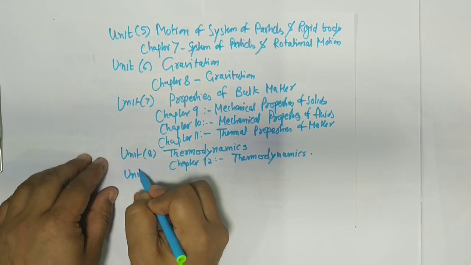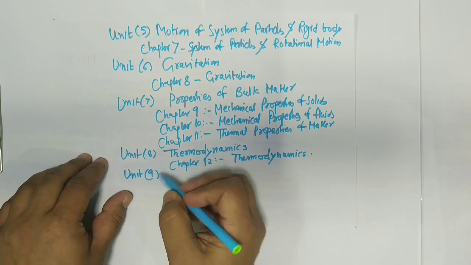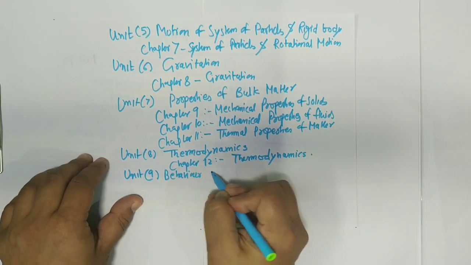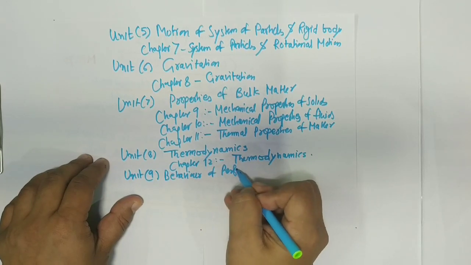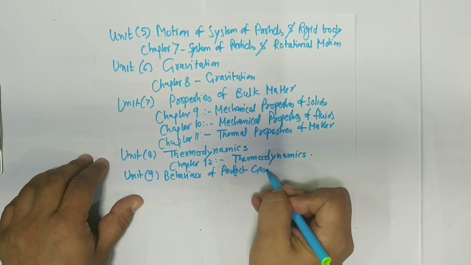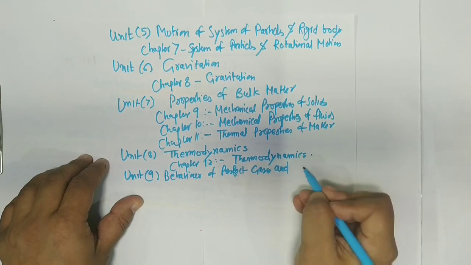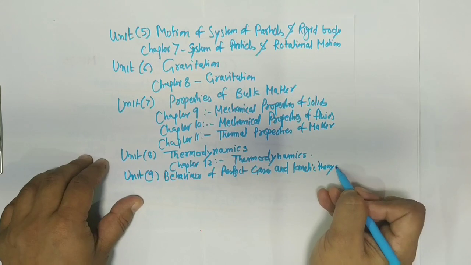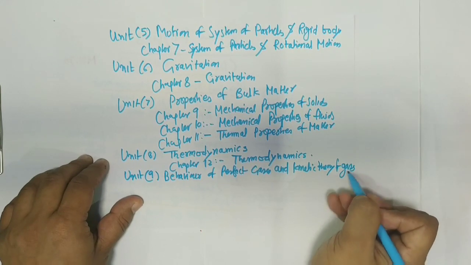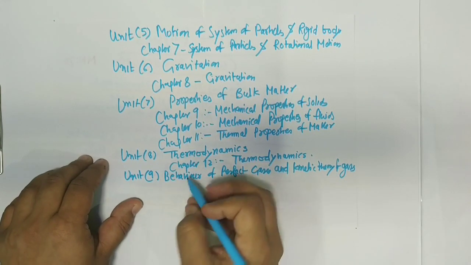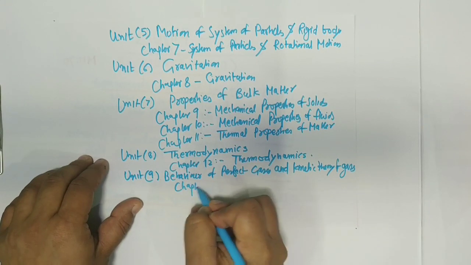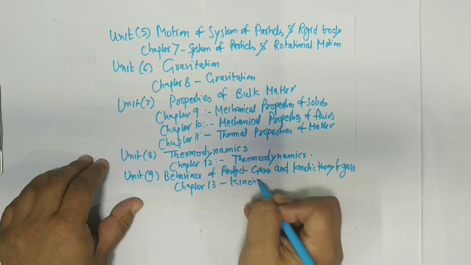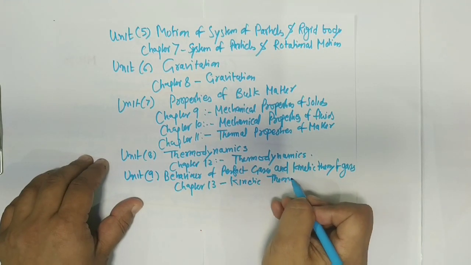And then unit 9 is behavior of perfect gases and kinetic theory of gases. This is chapter number 13, where we will talk about the kinetic theory.